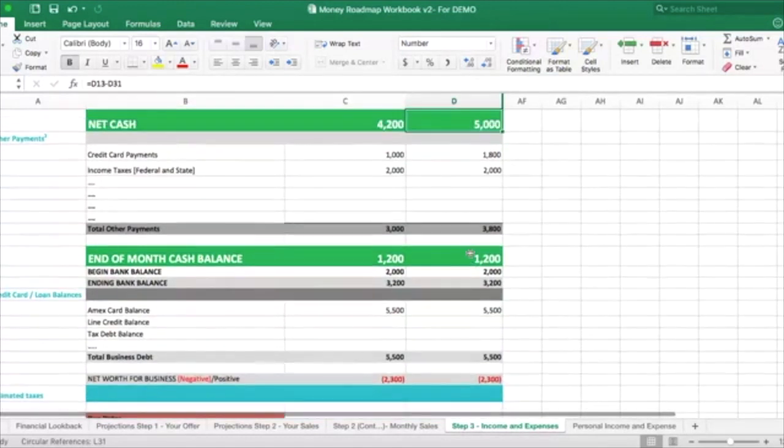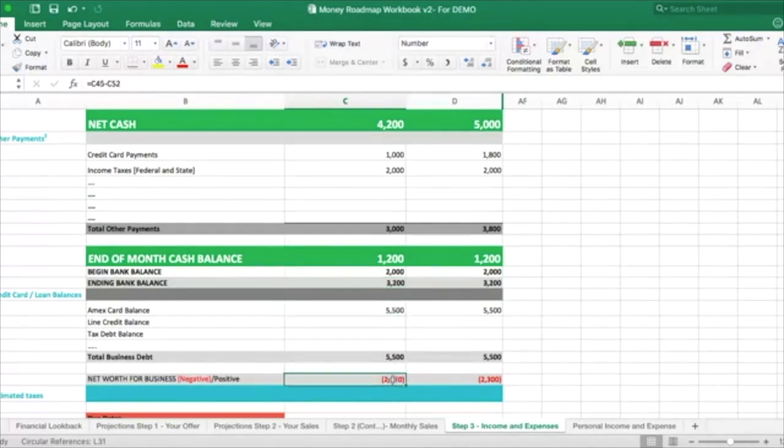And right down here, when you take a look at your credit card balance and the amount of cash you have, you will also see that when you have more debt than cash, your business is in sort of a negative net worth. Think about it in your personal financial life: if you have more debt than assets, then you have negative net worth. And the same applies for your business.